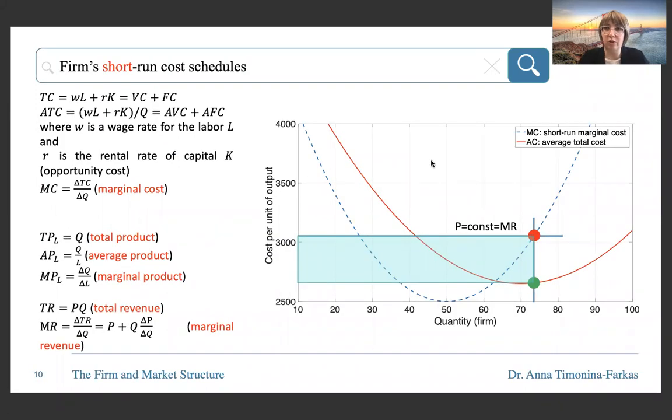It is very important to remember that in order to compute optimal prices and optimal quantities in perfect competition, one just needs to equate marginal revenue and marginal cost, as this point maximizes the profit of a firm. Marginal cost is shown by a dashed blue line here, while average cost is shown by the red line in the figure.